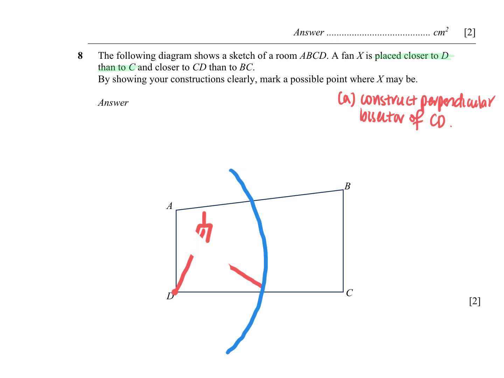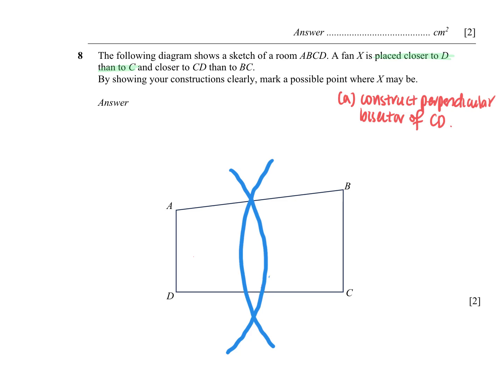Okay? Then next thing, same thing. Repeat the same step. Put your needle point here. Open to more than half of the line. And then you swipe the other direction. CD, the line CD. So the moment you have these two arcs, then you put your ruler through it.